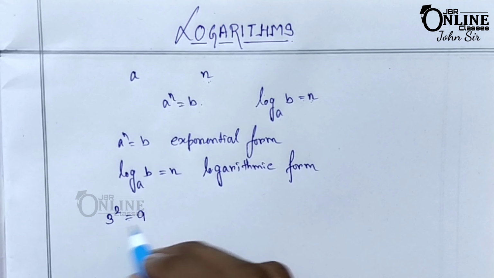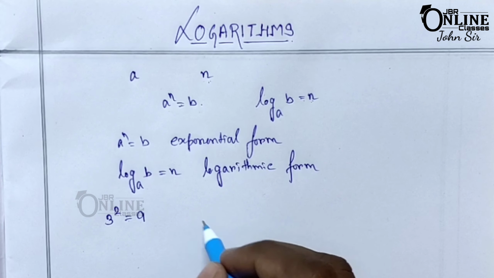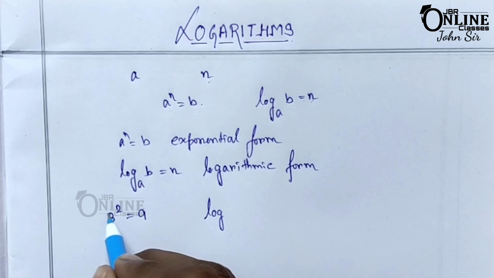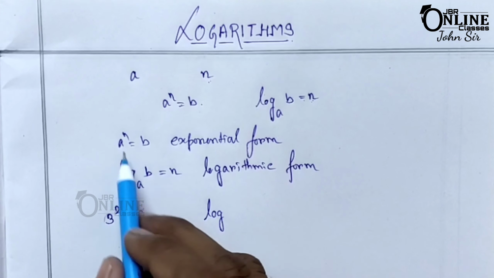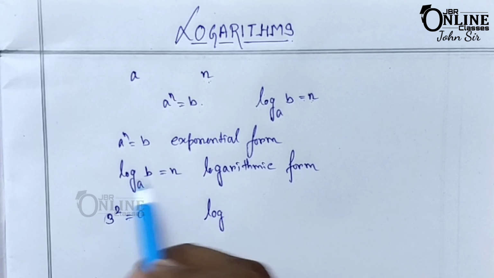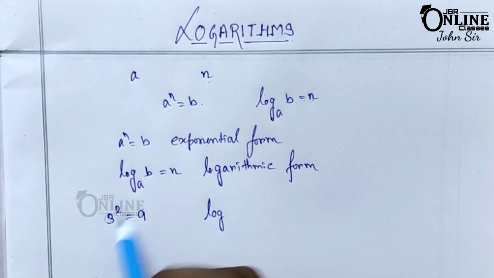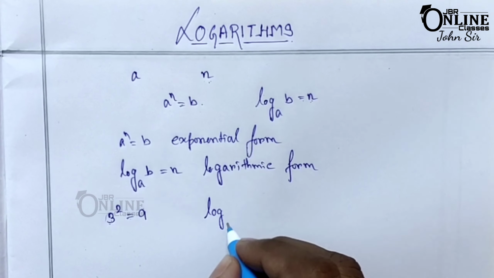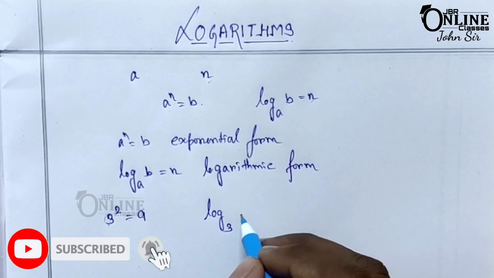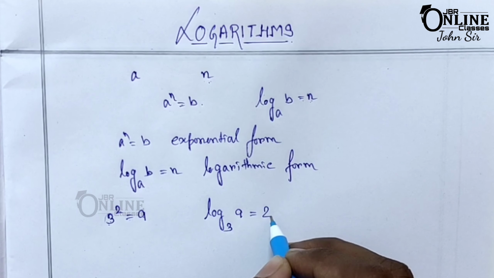If this is the exponential form and you want to convert it into logarithmic form, first write down log, then the base, as here a to the power n equals b is converted into logarithmic form log a b equals n. That means a will be replaced by 3, so put down 3 as the base, then b is 9, and that equals the power, 2.